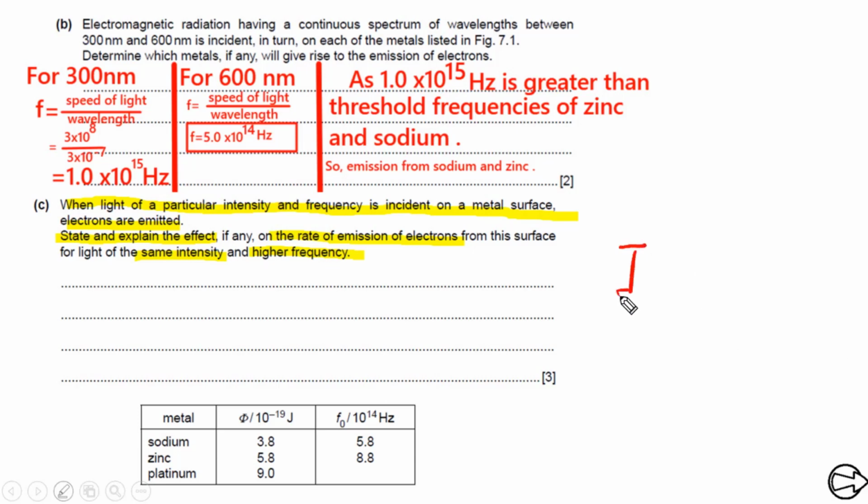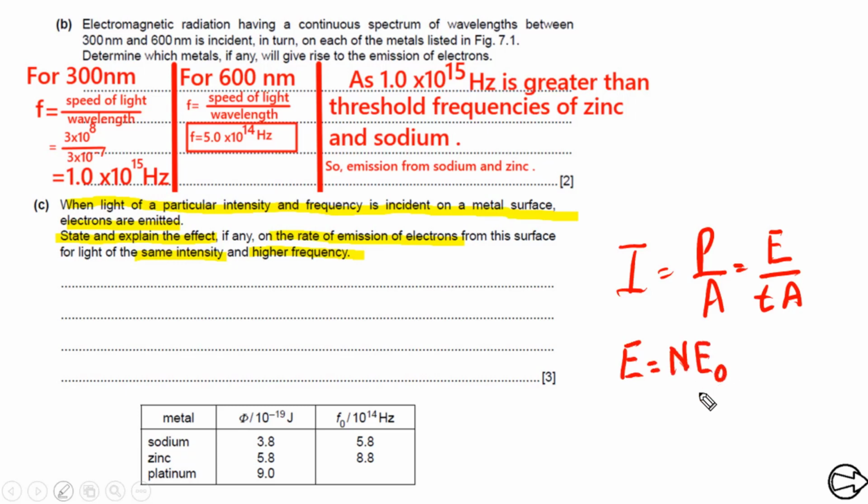First thing we understand, intensity is equal to P over A, or we can say this is equal to energy over time times area, and E is the total energy of all the photons. We can replace this E with the energy of a single photon. So we can rewrite this formula.